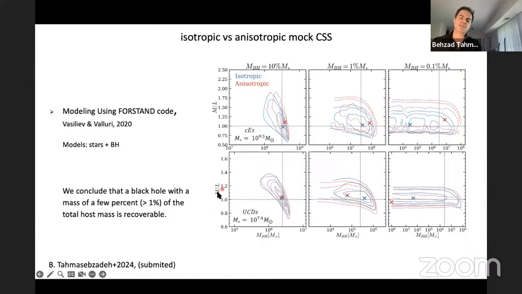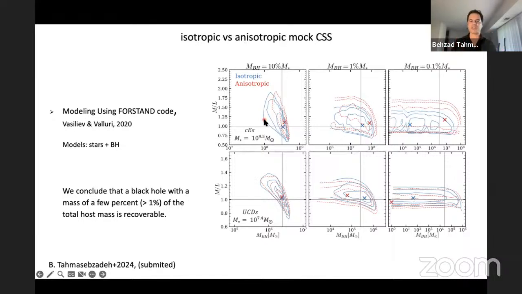This is actually the parameter grid, the mass-to-light ratio and the black hole mass, which means when we are modeling, the black hole mass and mass-to-light ratio will change through this grid, okay? So there are 3 levels of contours, indicating 1 sigma, 2 sigma, and 3 sigma uncertainty for our measurements. The red contours are for an isotropic model, and the blue contours are for the anisotropic model.